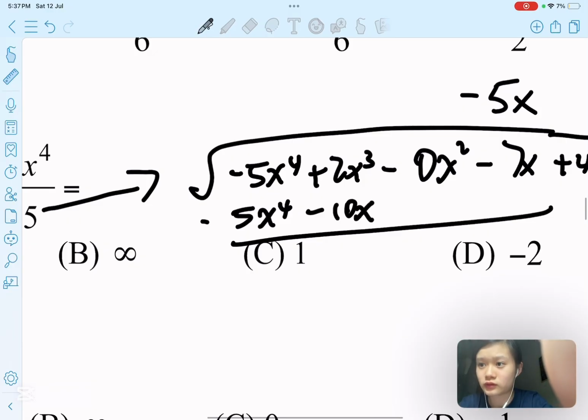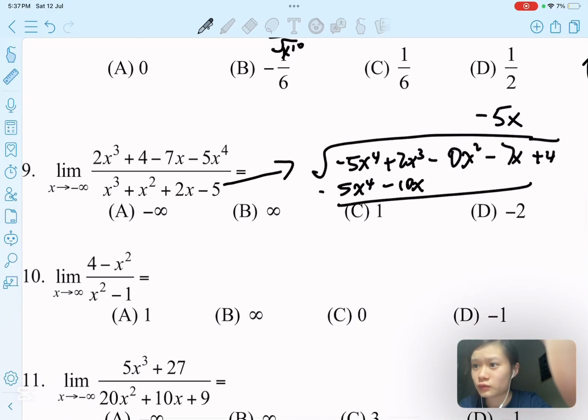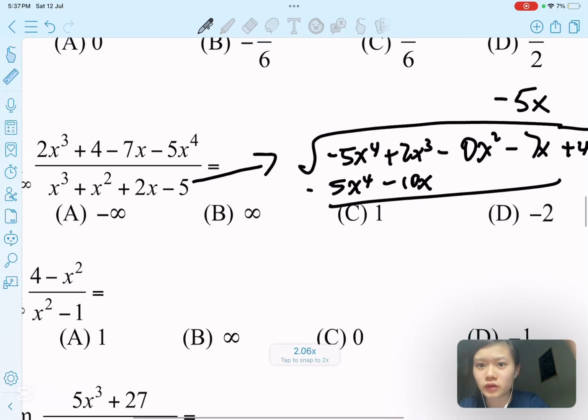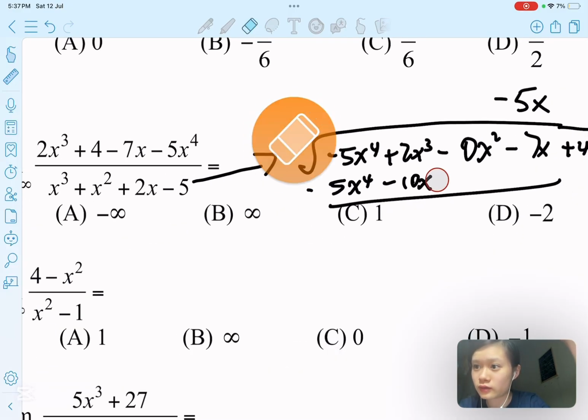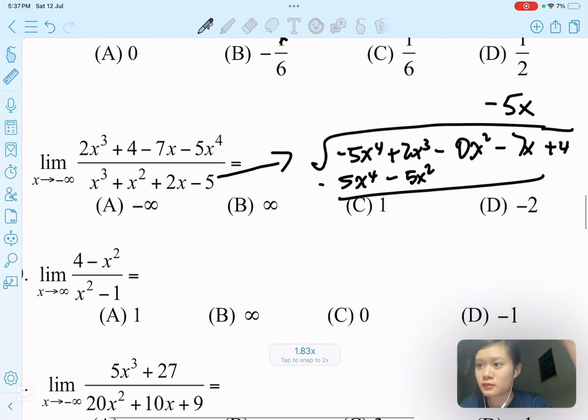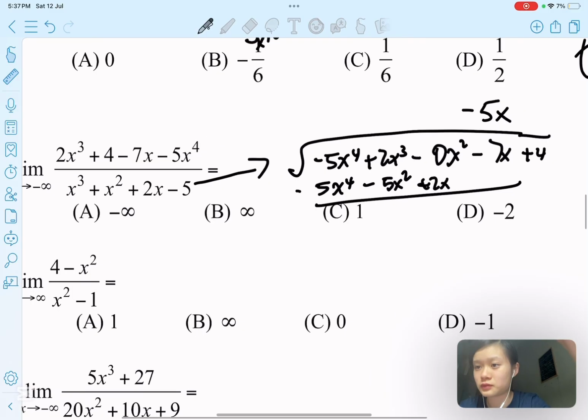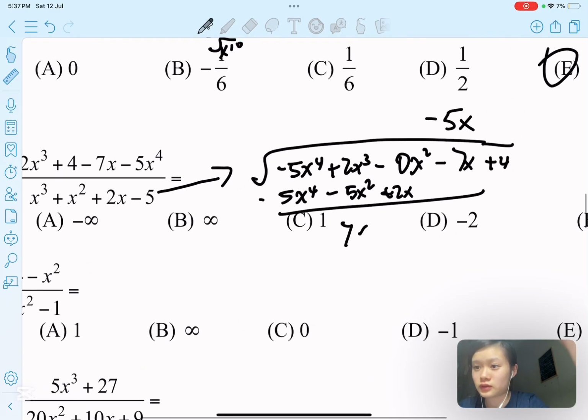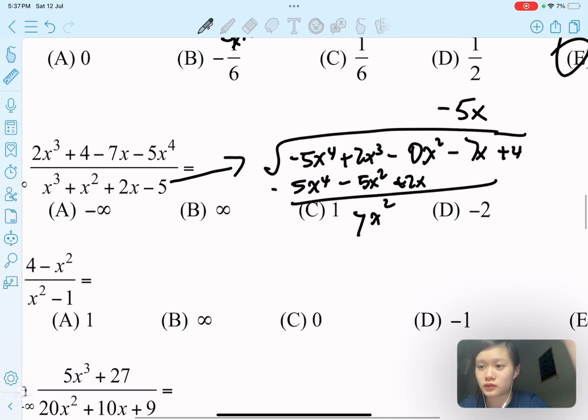Minus 10x. Why is it 10? Where did I get 10 from? 5. Oh my goodness gracious. 5x^2 plus 2x. So this would be 7x cubed.